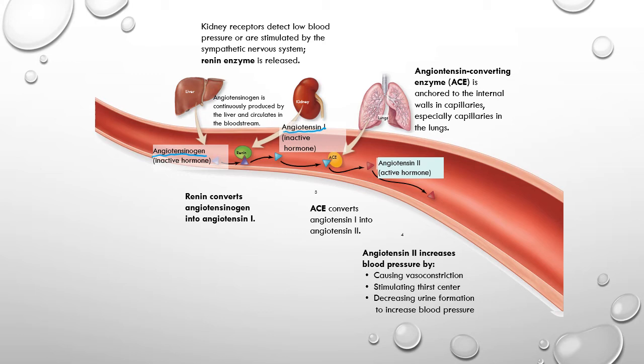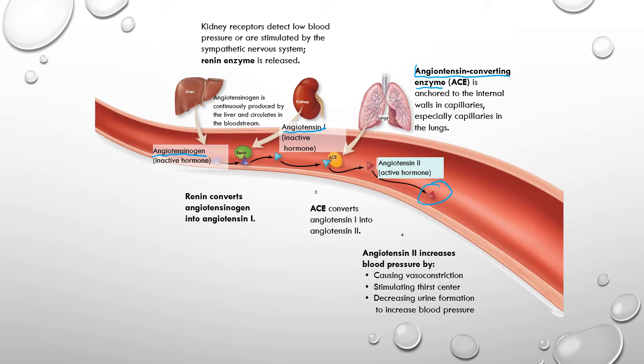In order to activate angiotensin 1, we need another enzyme. And so this next enzyme is going to be angiotensin converting enzyme, or ACE. And this ACE is going to convert our angiotensin 1 to angiotensin 2. Angiotensin 2 is now active. So this is now our active form of the hormone.